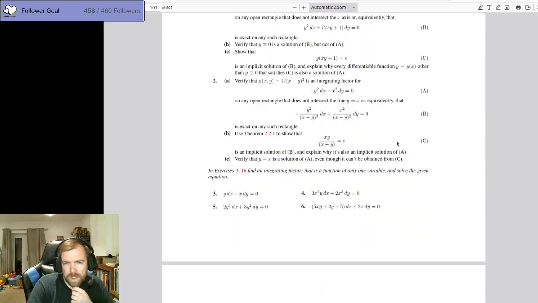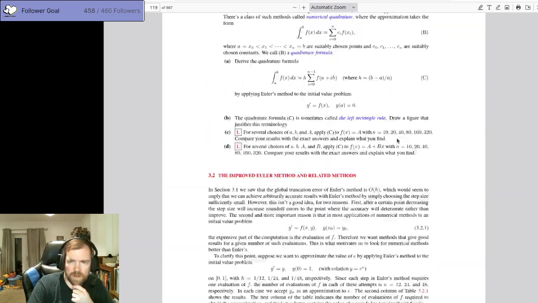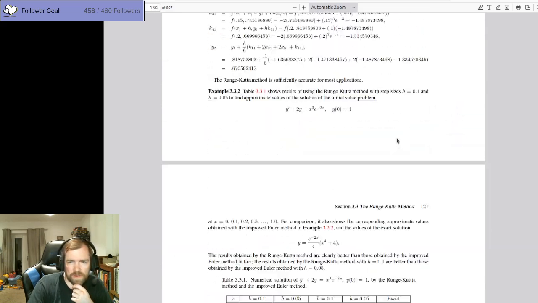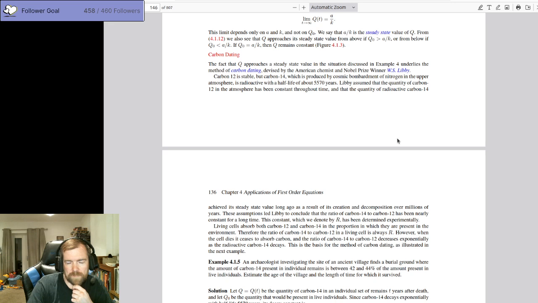I mean, it might be, actually, some of the earlier stuff with Laplace transforms.